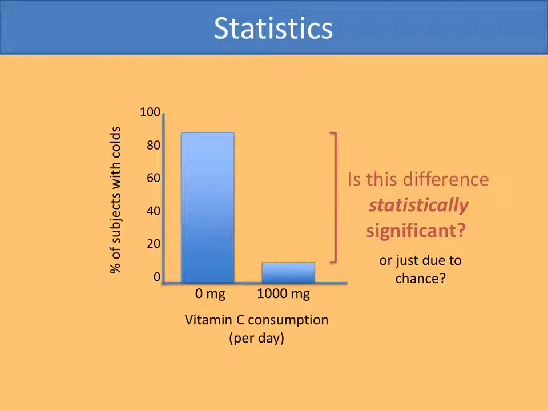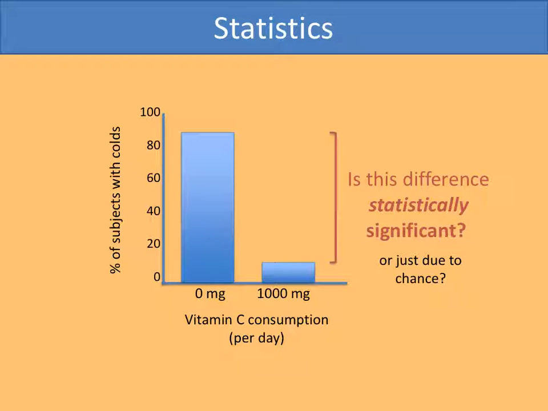I went over this a little bit earlier, but let's do it again. Okay. So here's our vitamin C consumption. You had individuals who ended up with, let's say, almost 90% colds.